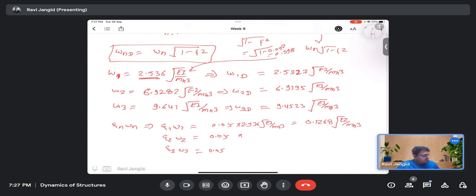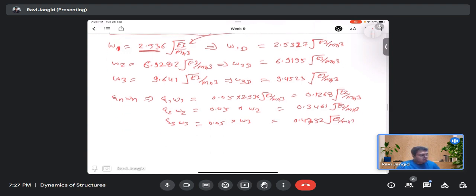Similarly, for omega 2 and omega 3, you will get 0.3461 EI by mh cube, and 0.4732 EI by mh cube. Okay, now you have all the values.